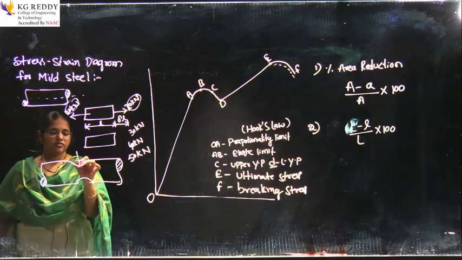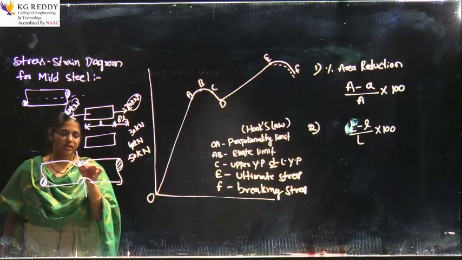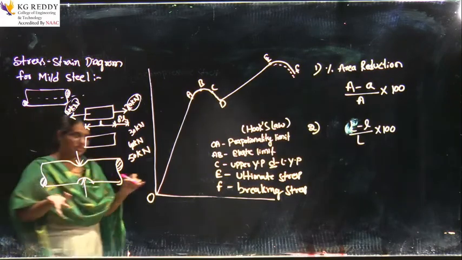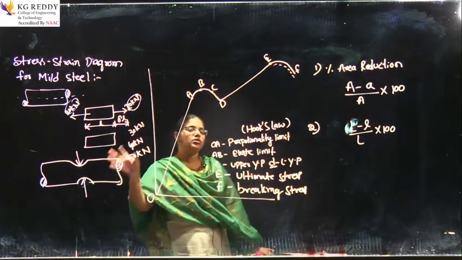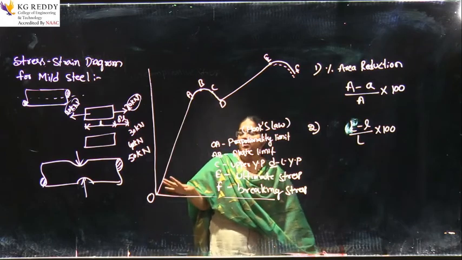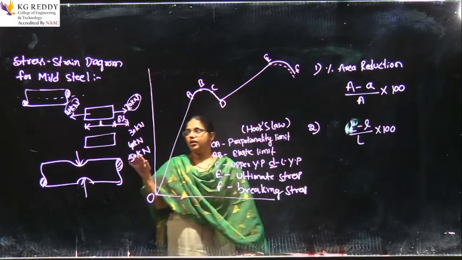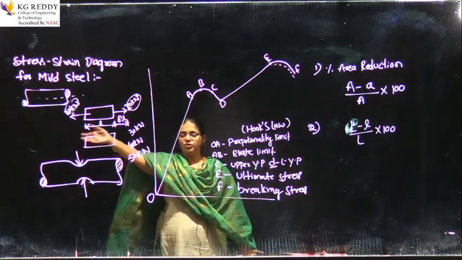So there may be a chance of area reduction or cross-section reduction, whatever we call it, but the effect will be there. So these are all the points we observed based on the UTM, universal testing machine.